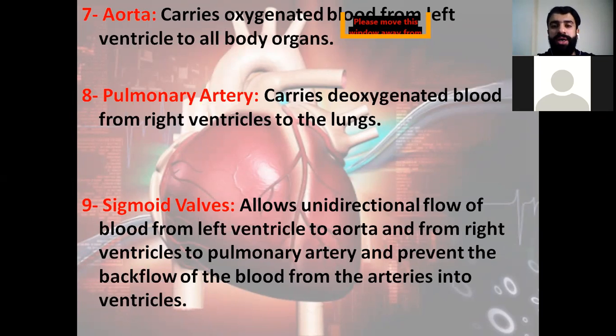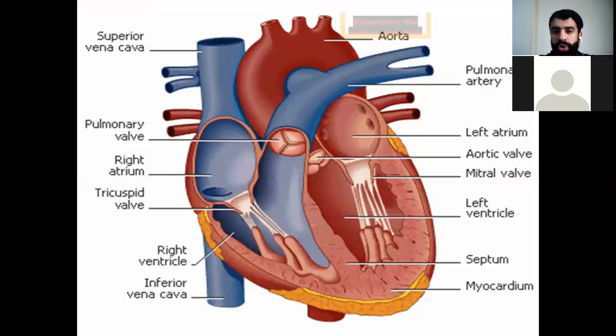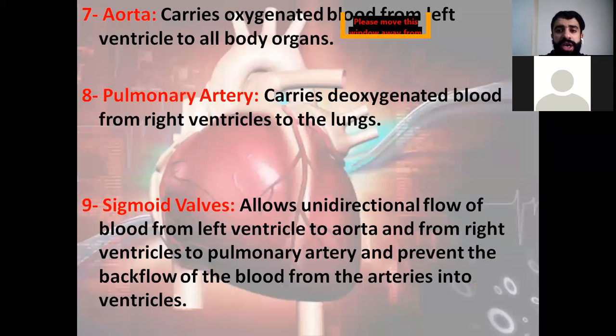This is the aorta found here. It carries oxygenated blood from the left ventricle toward the different body organs. So it distributes the blood that's rich in oxygen to the different body organs.